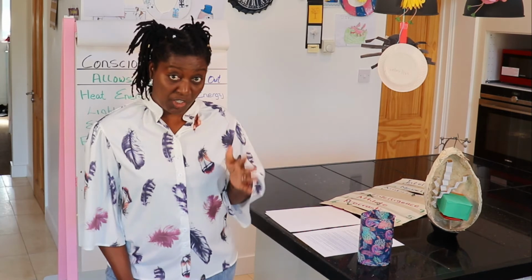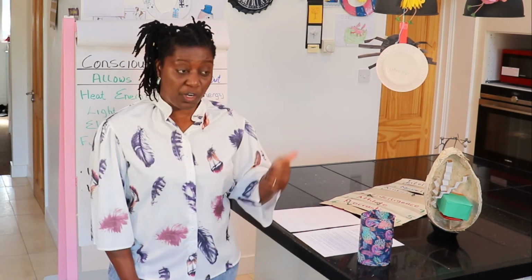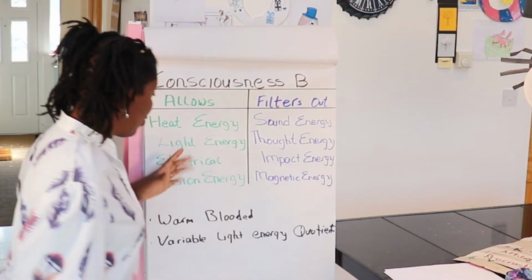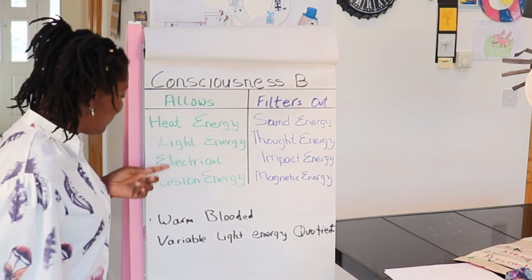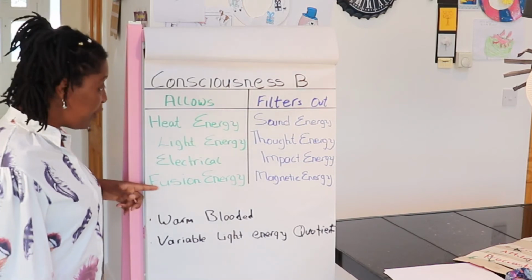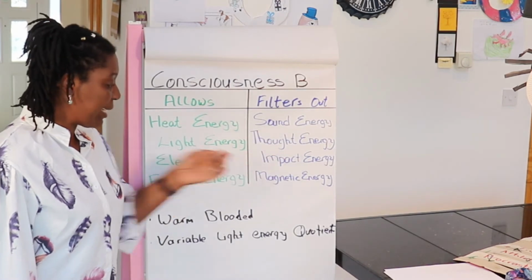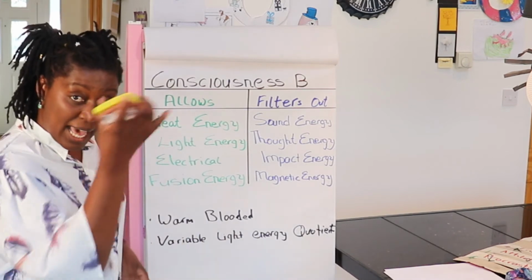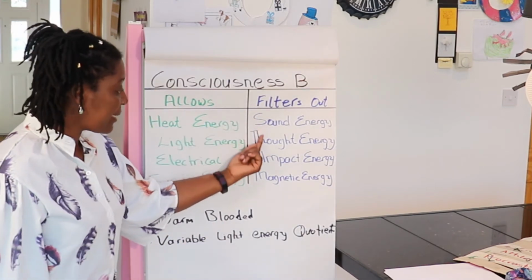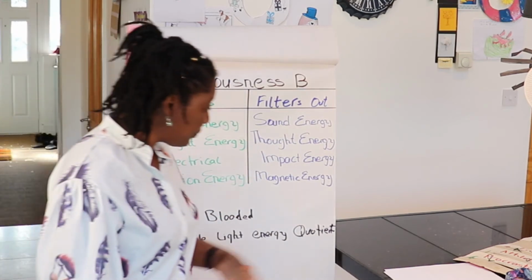So consciousness, just thought of energies, as I keep going on and on, we have all of this. We have heat energy, light, electrical, fusion, and it filters out sound, thought, impact, and magnetic, right? This is all the energies within your own consciousness. And this organ takes out the sound, thought, impact energy, and magnetic energy.